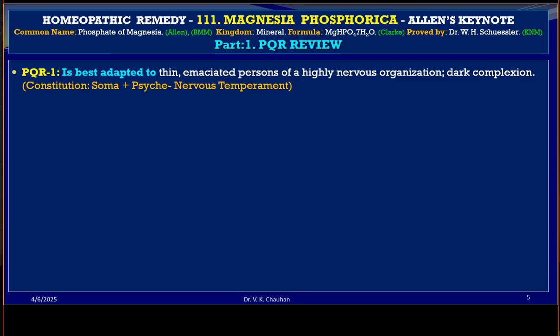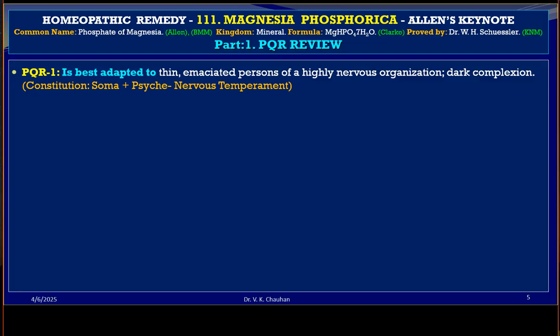PQR1: best adapted to thin, emaciated persons of highly nervous organization, dark complexion. The very first thing Allen introduces with the opening line is the constitution, the client characteristic who is Magnesia Phos.